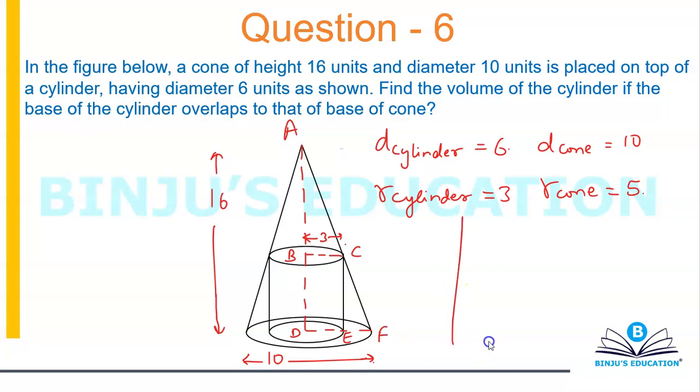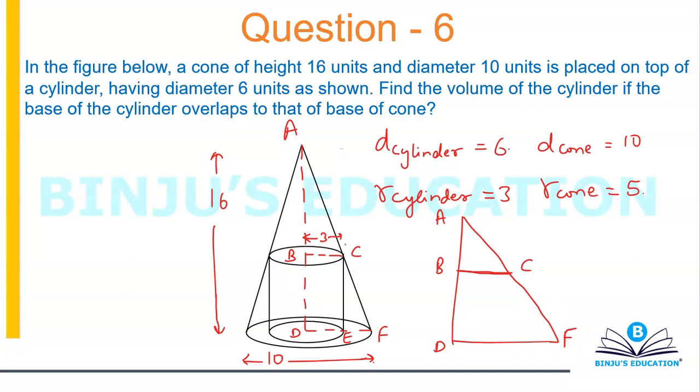So I can draw something as you're gonna have A, B, D, this is C, and this is F. And since these are like right figures and the base of the cone overlaps with base of the cylinder, this BC is going to be parallel to DF, because DE and DF lie on the same line and BC is obviously parallel to DE, so BC would also be parallel to DF.